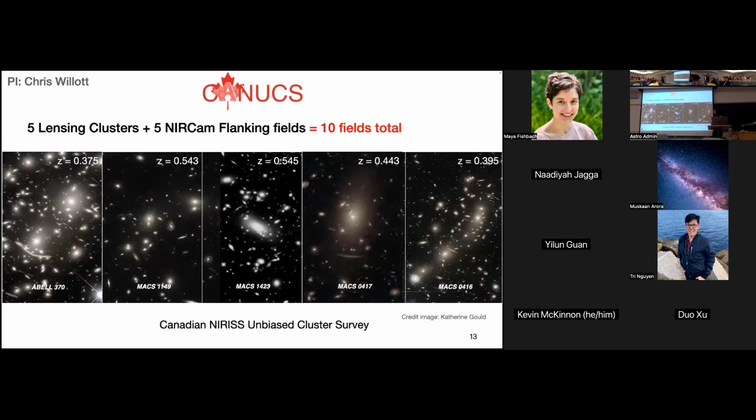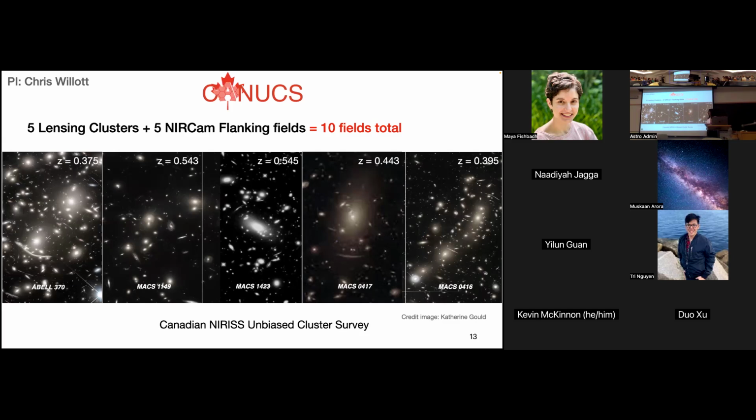Part of the data I'm working with is from the CANUCS team. I am a member of CANUCS, the Canadian NIRISS Unbiased Cluster Survey, as well as the PI of this survey. We observe five lensing galaxy clusters, and we're looking at the galaxies behind our lens.